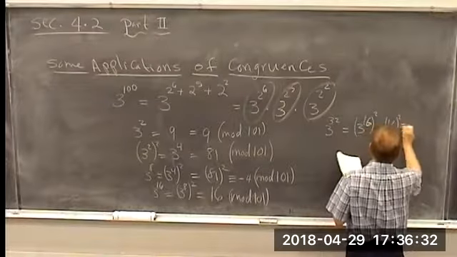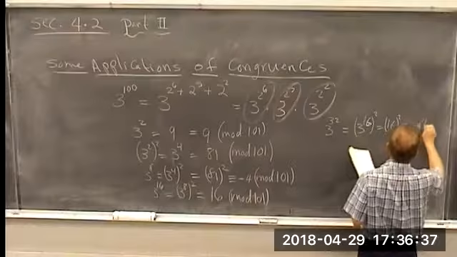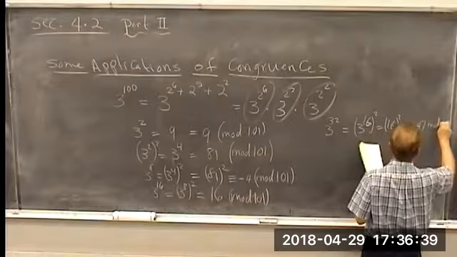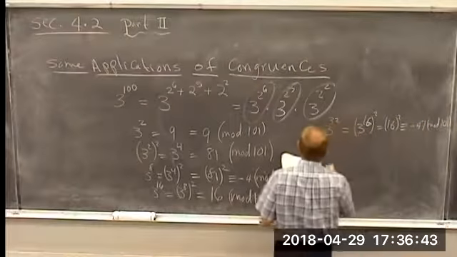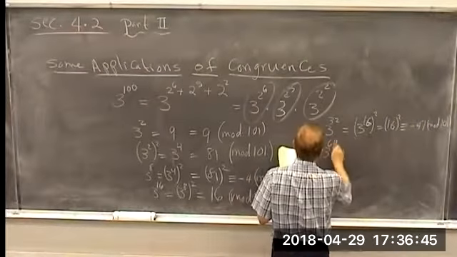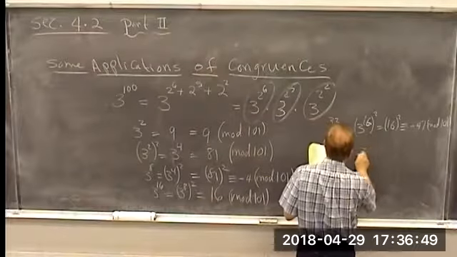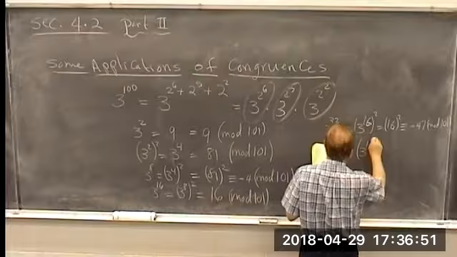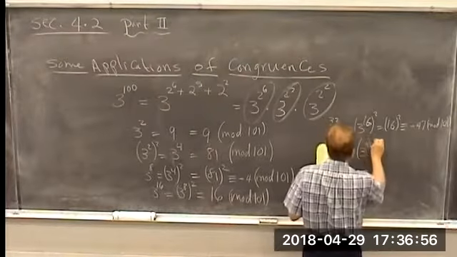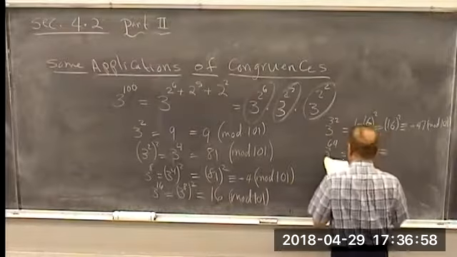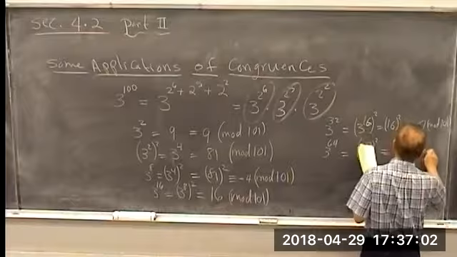And again, you can get this to be congruent to negative 47 mod 101. One more, which is 3 to the 64, and this is the square of 3 to the 32, squaring that. And when you reduce this, you come up with negative 30 mod 101.